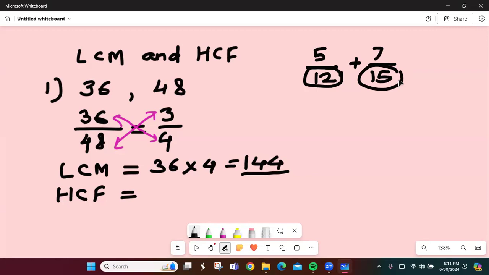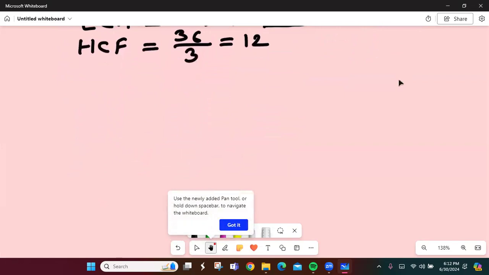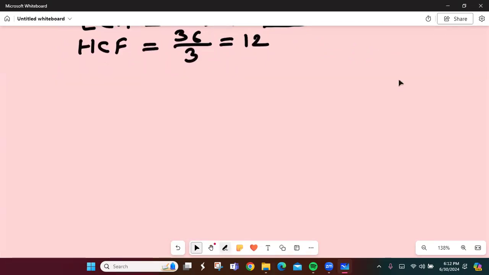For example, here 36 divided by 3 or 48 divided by 4, both will give me 12. So 12 is the highest common factor of both 36 and 48. 12 threes are 36, 12 fours are 48. So this is a very simple method to find out the LCM and HCF. Let us have a few more problems.